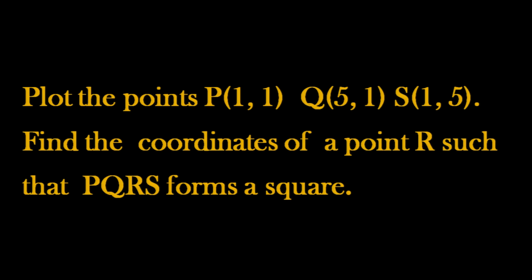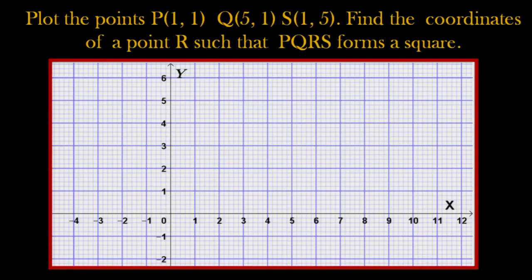So we want to plot the points P, Q, S first. Then we have to find a particular point R such that PQRS will form a square. Let us see how we can do it.